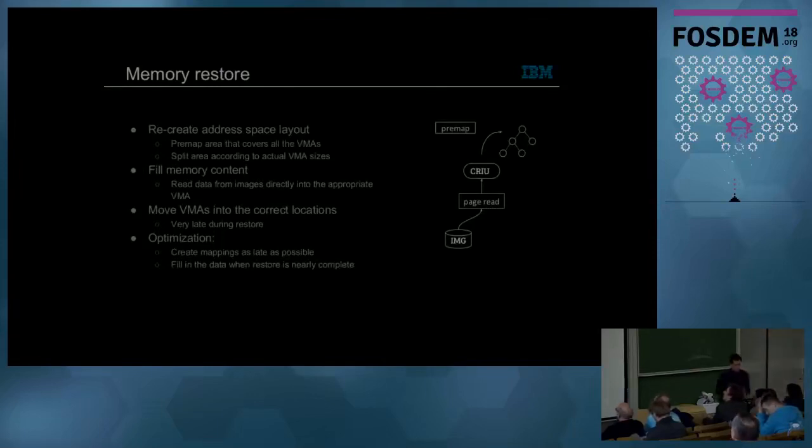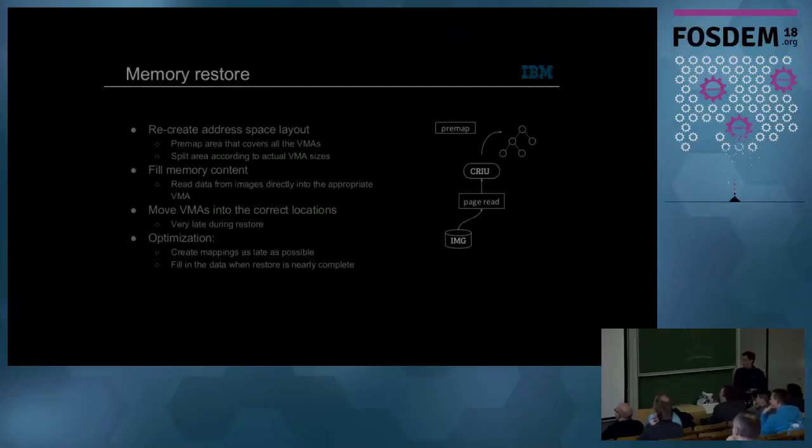When CRIU performs the restore, it does it all the other way around. First of all, it recreates the virtual address space by pre-mapping the VMAs and then moving them to the correct addresses. Then it reads memory contents from the image files and splices them into the appropriate places in the process's address space.